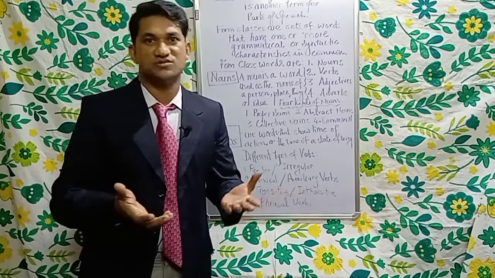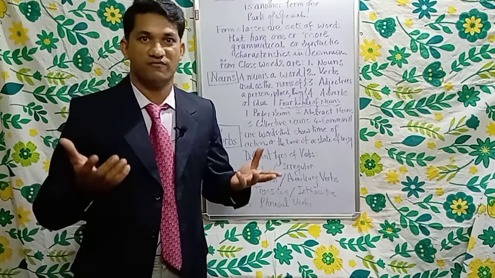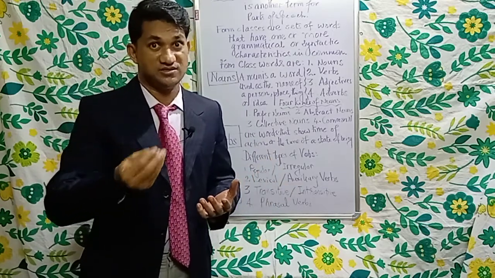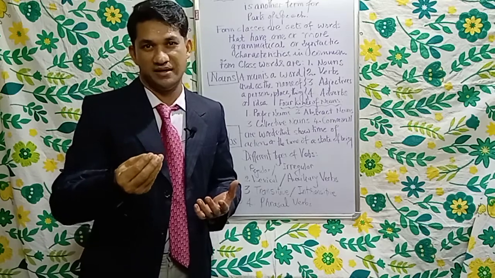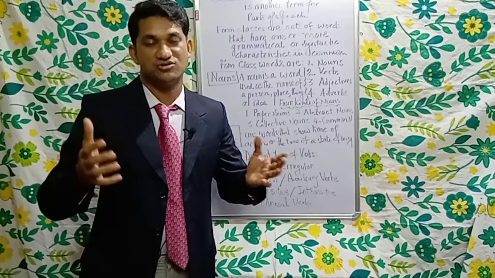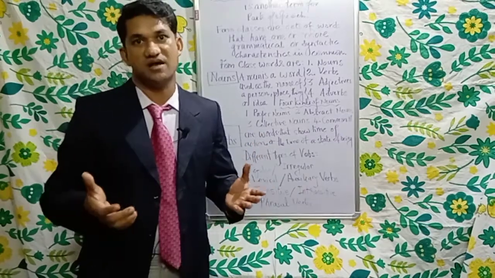And now, with this we can come to the end of this session on form class. Form class refers to certain groups of words which discharge certain grammatical purposes, based on certain grammatical and syntactic functions and features.